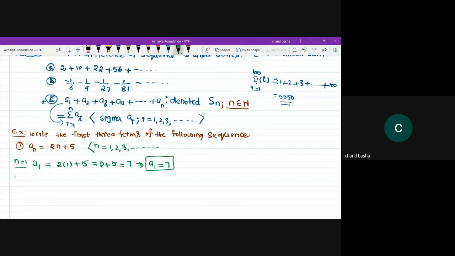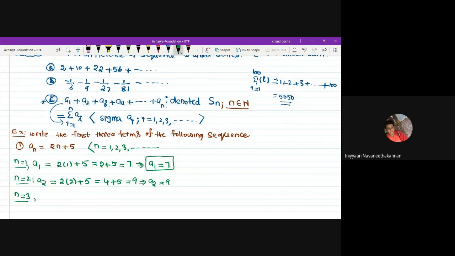Next, second term means n is equal to 2. A2 is equal to, we can substitute n is equal to 2, 2 into 2 plus 5, that is 4 plus 5, which is 9. So that means the second term will be 9. And n is equal to 3: 2 into 3 plus 5 is equal to 6 plus 5 is equal to 11.